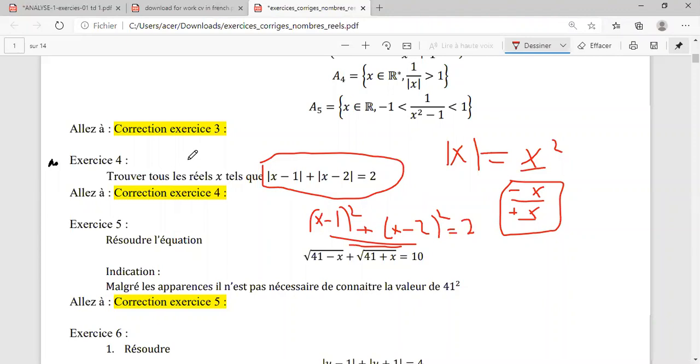I found that x is equal to the square root of 7 over 2. Square root of 7 over 2. Okay. What's the square root of 7?